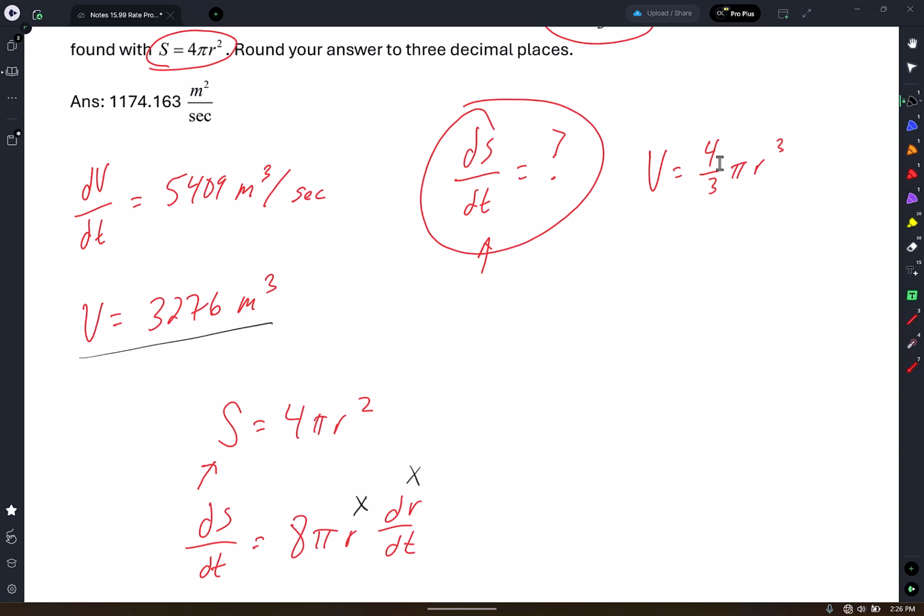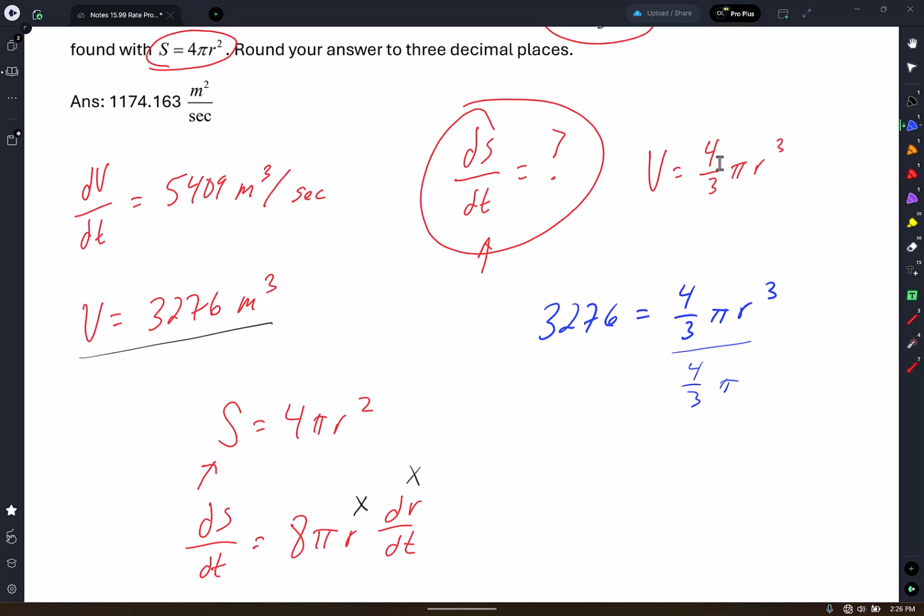Notice I have volume. So I can go, and I'm going to write it in blue, 3276 equals 4/3 pi r cubed. Are we still okay? All right, I'm going to get r cubed by itself. So what am I going to do? Divide by 4/3 pi, or you can multiply by 3/4 and then divide by pi, but it doesn't matter, guys.